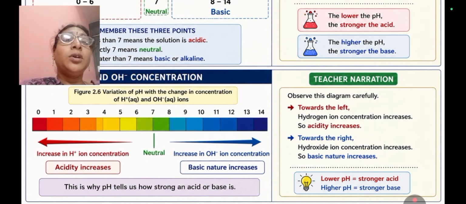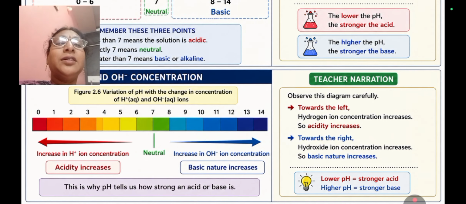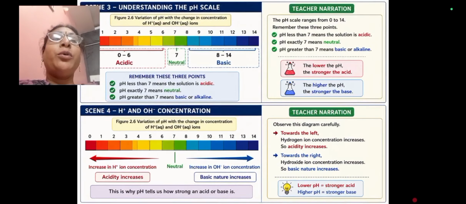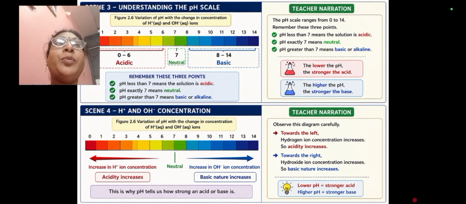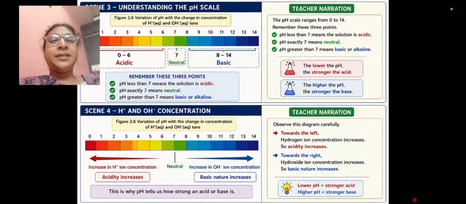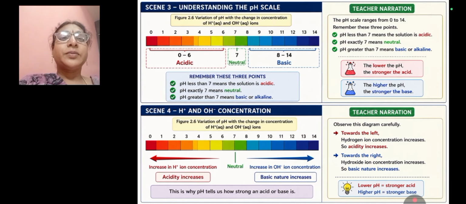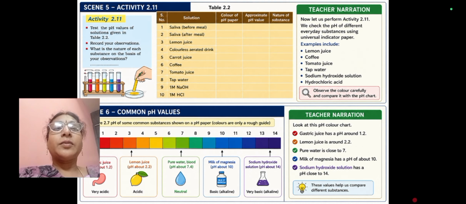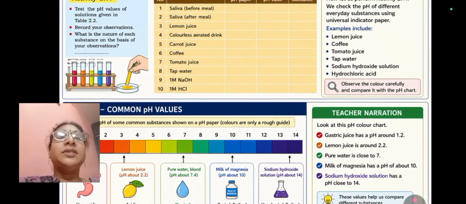So the liquid with lower pH is a strong acid, and the liquid with higher pH is a strong base. In this way, we learn which acid or base is strong or weak using the pH scale. Now here is some activity.